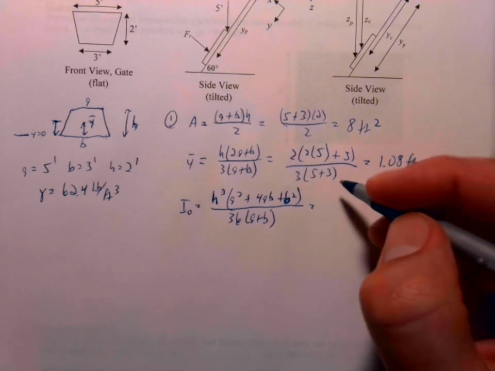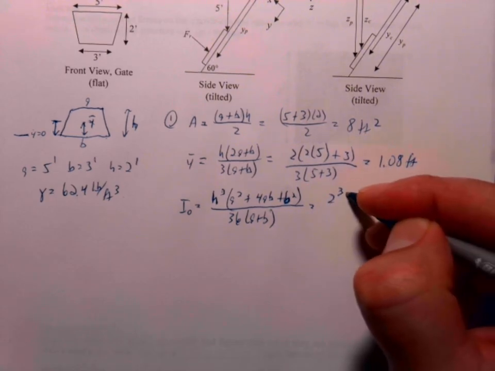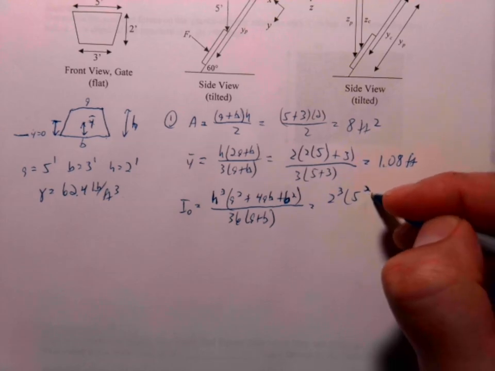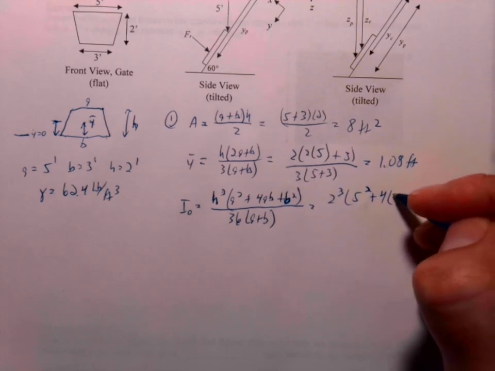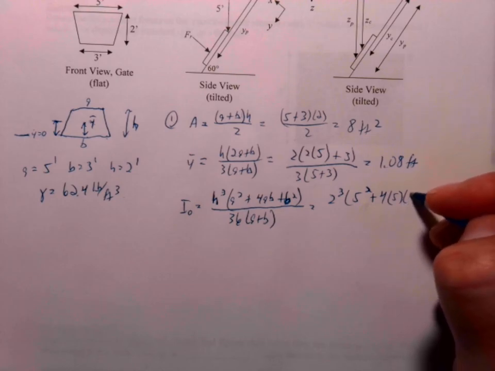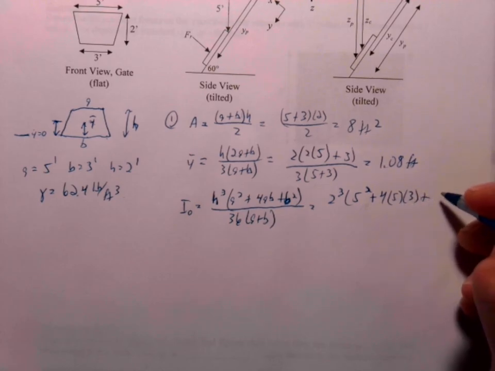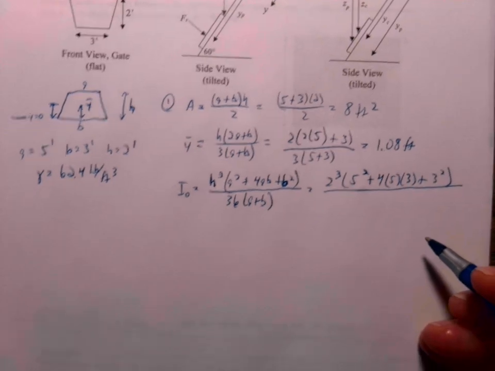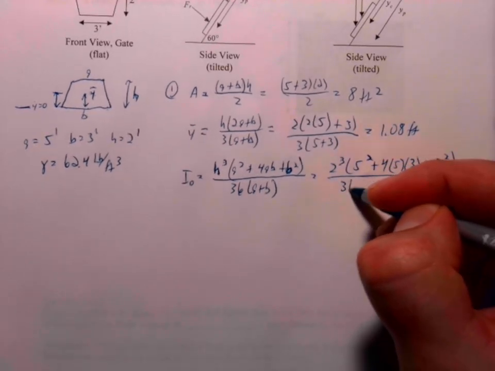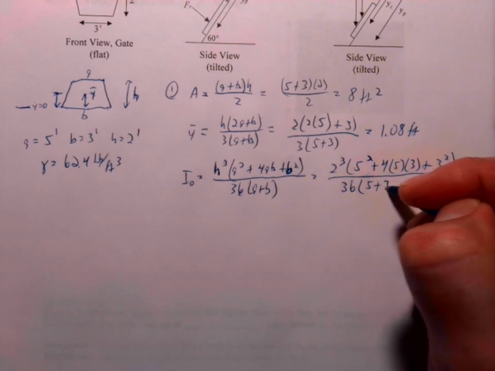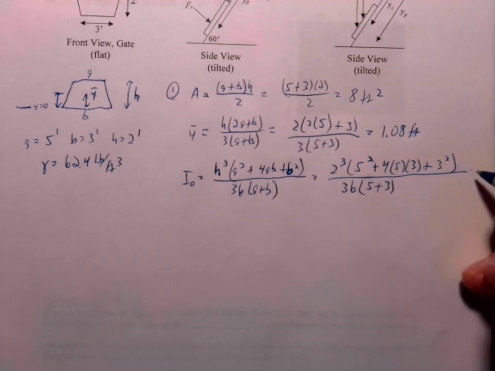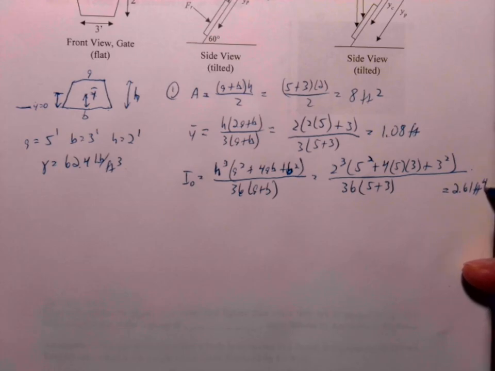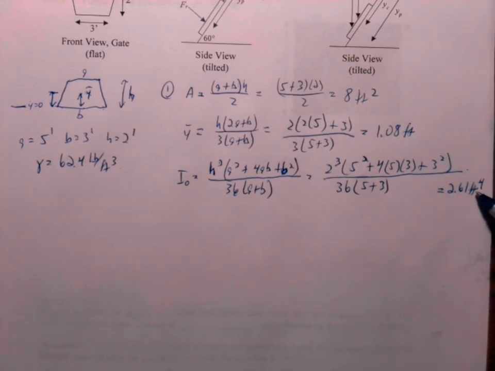So we can plug in the numbers here. So 2 cubed for h, times (5 squared plus 4 times 5 times 3 plus 3 squared). That's the top, and then the bottom is 36 times (5 plus 3), and that comes out to be 2.61 feet to the 4th power.